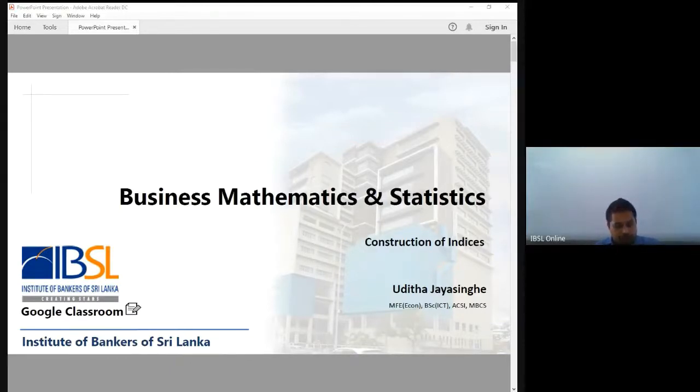So with today's lesson, what we are expected to do is to understand how these indices are constructed, what methods we can use to construct these indices, and also some of the theoretical aspects onto practical implications, then the limitations of these systems, and what to be careful about when you are deciding indexes.